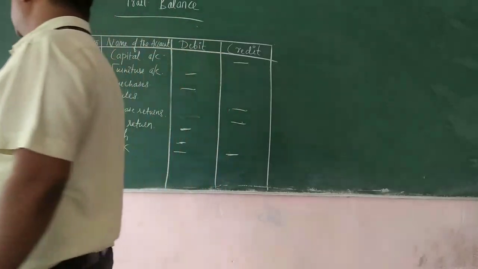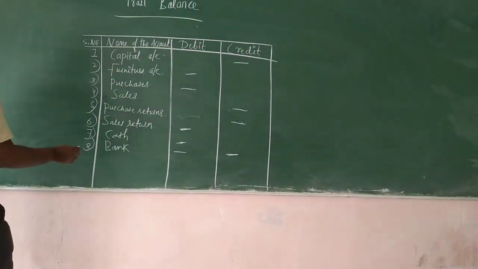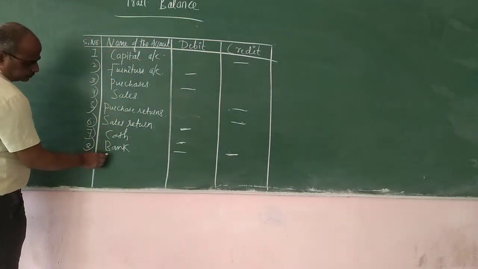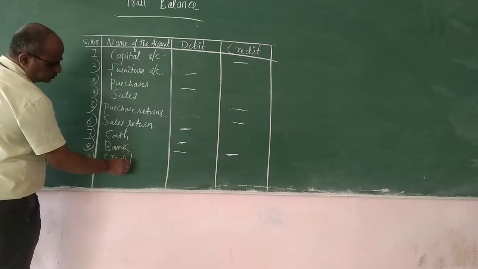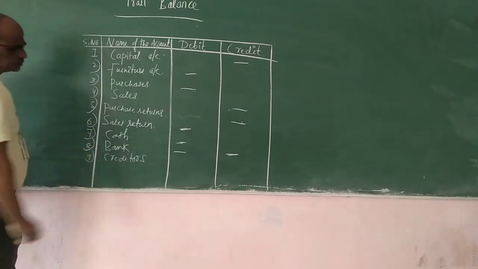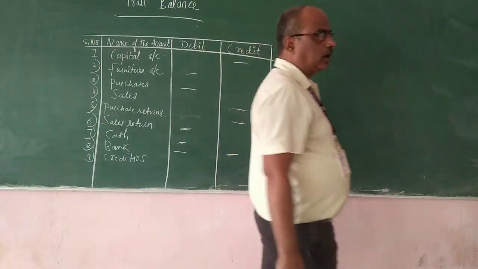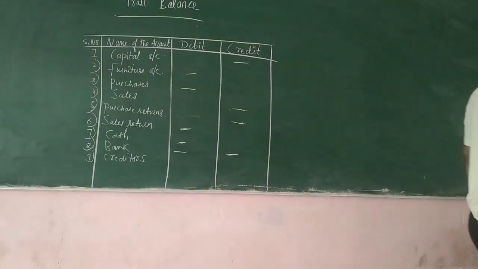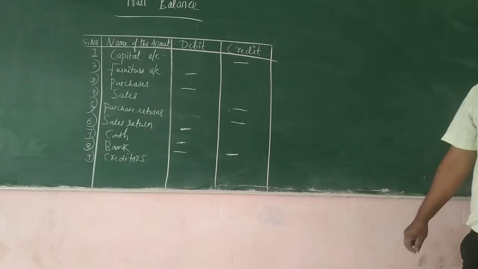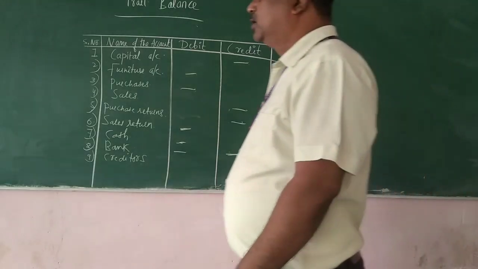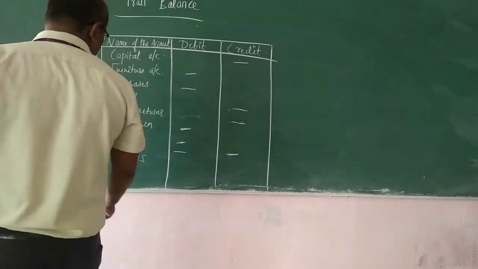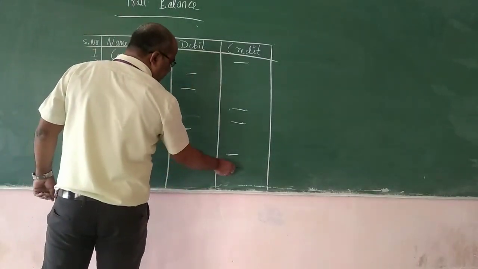Next, creditors. Creditors means it is a liability. As I discussed previously, if there is a liability, it should definitely be shown on the credit side. So creditors will be credited.